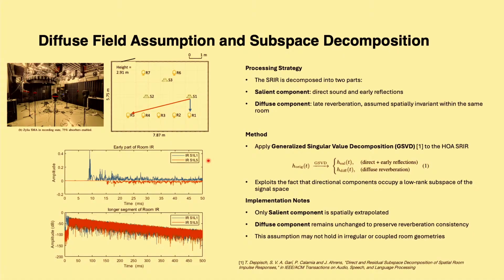So let's look at the impulse responses from the room. Here is the testing room. You can see we have 3 different positions of the speaker and 7 different positions of the receiver. We choose 2 very different pairs: source 1 to receiver 1 and source 1 to receiver 5.